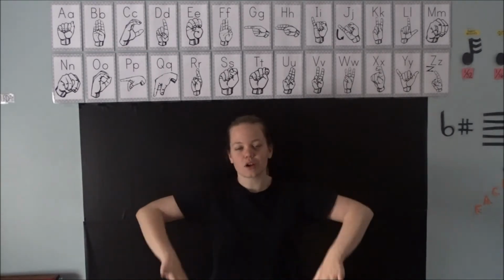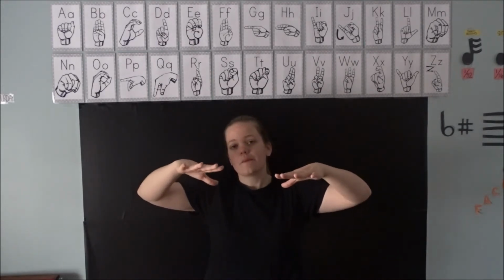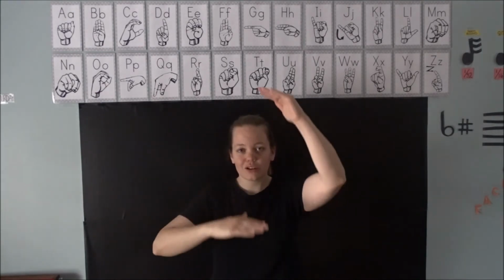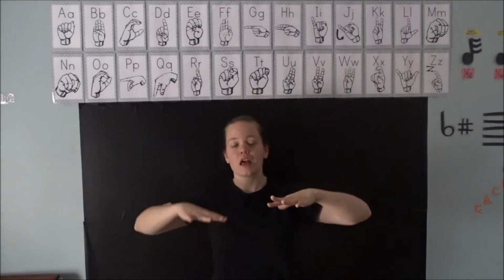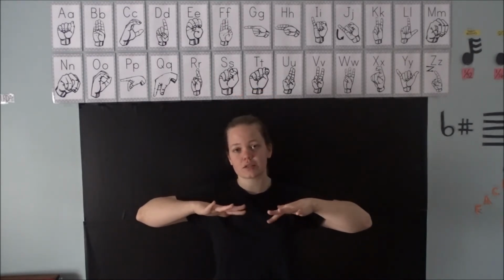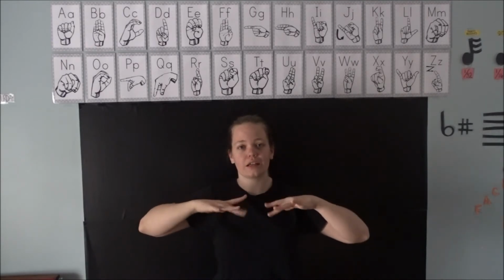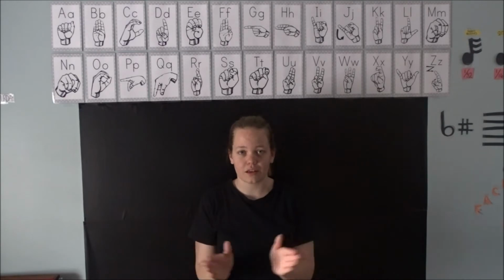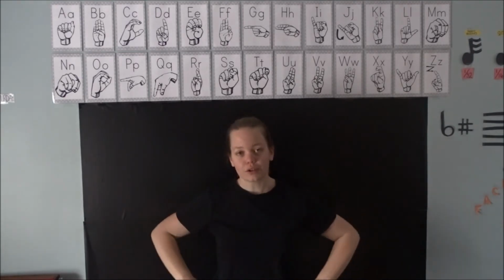If you were signing to someone who had a smaller visual field and can't see all the way down, you could just sign it here at your chest as well. That is totally acceptable, and if anyone needed clarification, it would be totally fine to sign it like that.